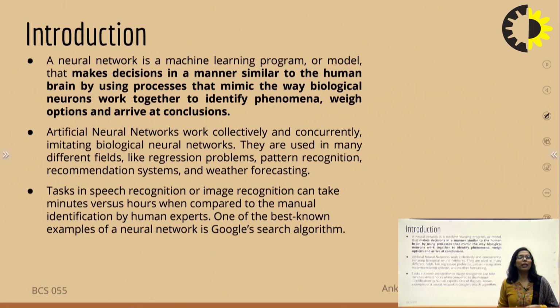So we have many applications of neural networks, rather than what we are using right now, which is LLMs. All LLMs are inspired by neural networks. These LLMs are basically transformer models which are inspired by neural networks. So it is the basis of all the current happenings that we are seeing in artificial intelligence. The famous Google search algorithm is also based on neural networks.